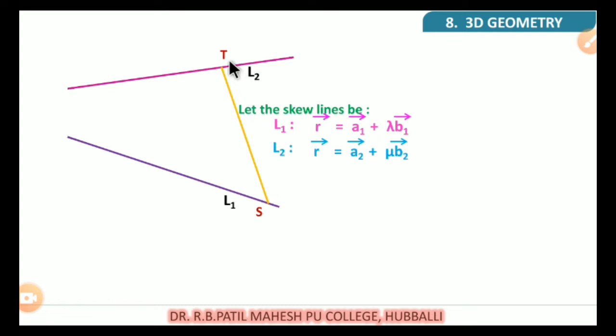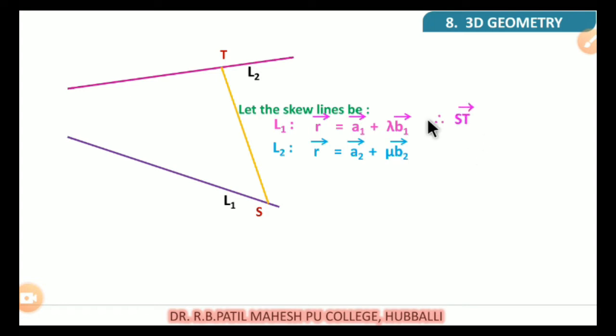So the first line passes through the point S whose position vector is a1. Similarly, the second line passes through the point T, which is on the line L2, so the position vector of the point T can be taken as a2.